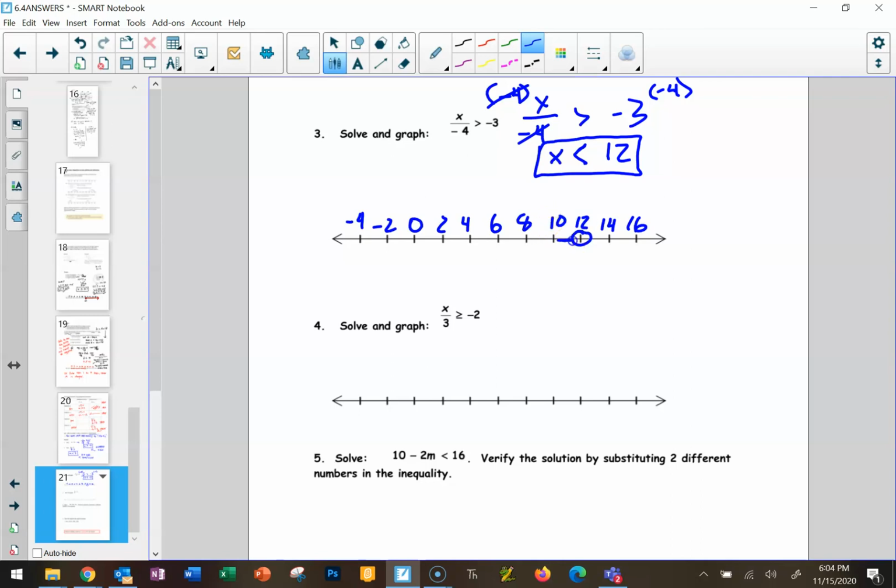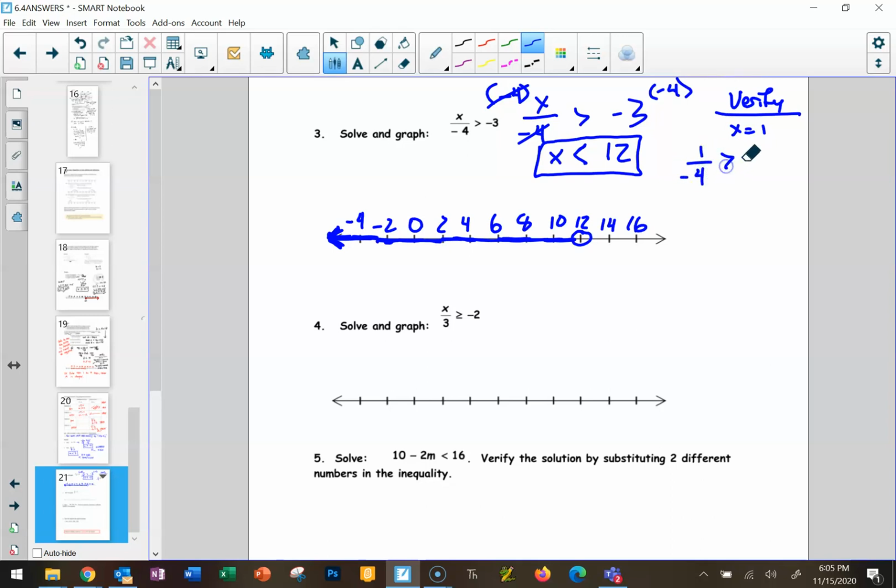And then we need to shade our line in the less than direction. Okay, there we go. Let's pick a value that's less than 12 to verify. Okay, so let's pick one and see if it still holds true. So x is 1 over -4.